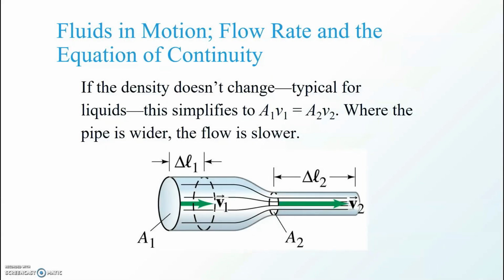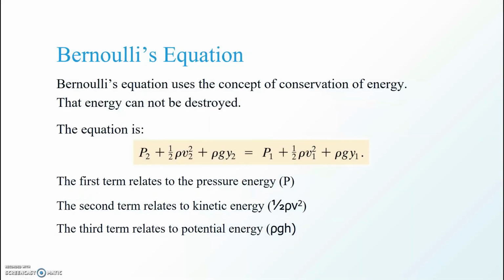Where the pipe widens, the flow is slower, but as it gets narrower, the velocity will increase. Because as the area goes down, this number has to go up to counteract it. So if this area goes down by half, in order to keep this side equal, the velocity has to go up by twice, and the speed of your water goes up.